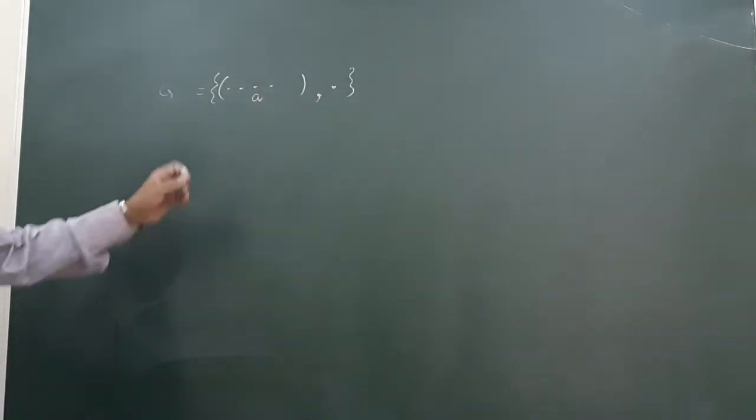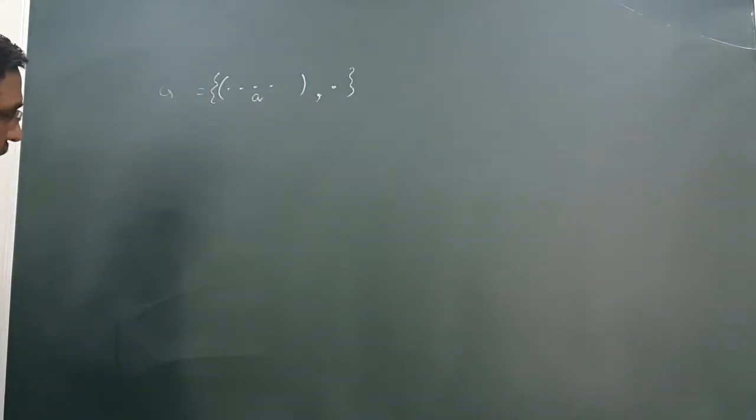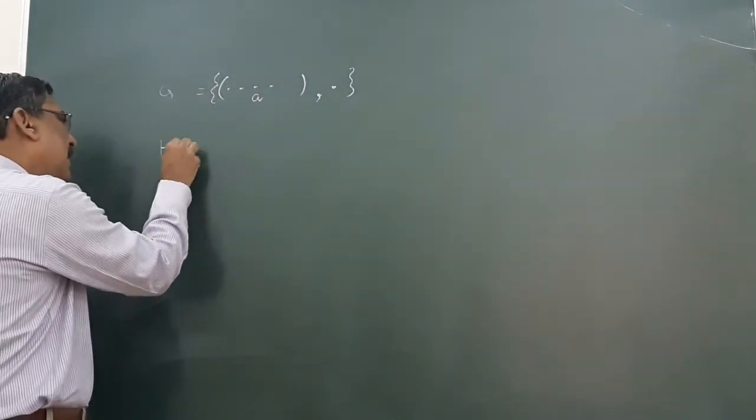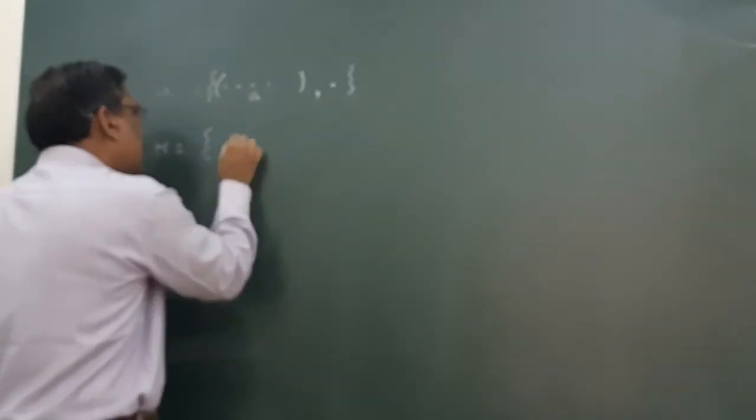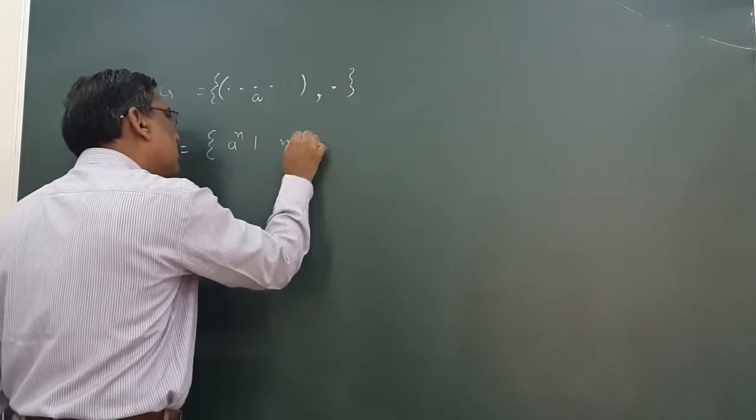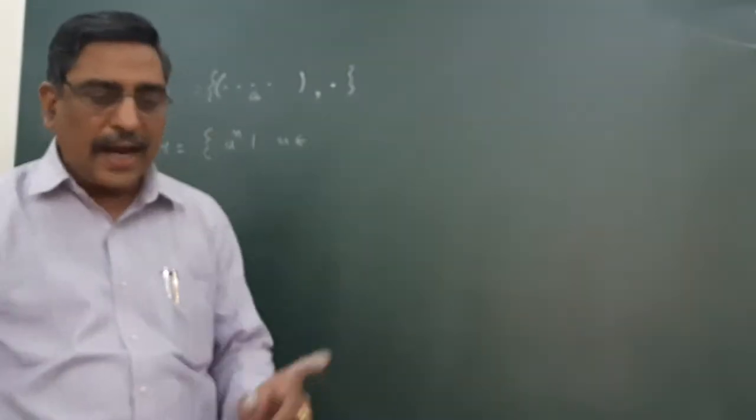One of them is A. A is an element of group G. Then we find a subgroup H consisting of A raised to the power n such that n belongs to Z.